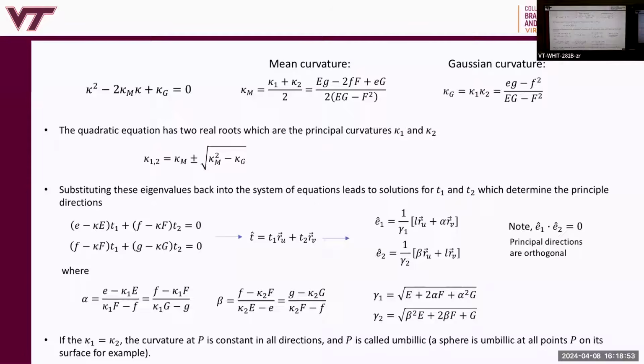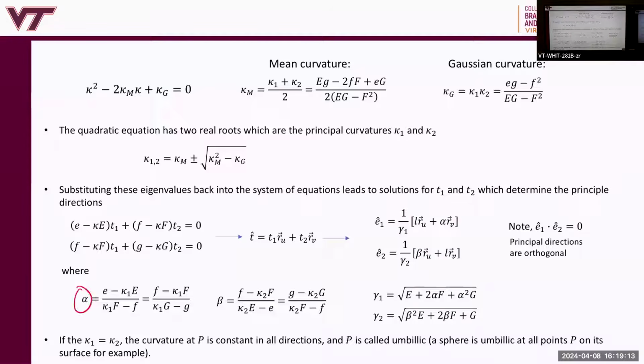If you do all of that and work out the algebra, you end up with these 2 principal directions, in terms of a couple of quantities: gamma 1, alpha, beta, gamma 2. All those expressions are here.